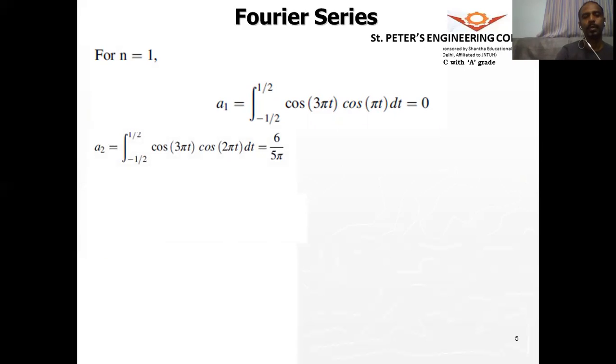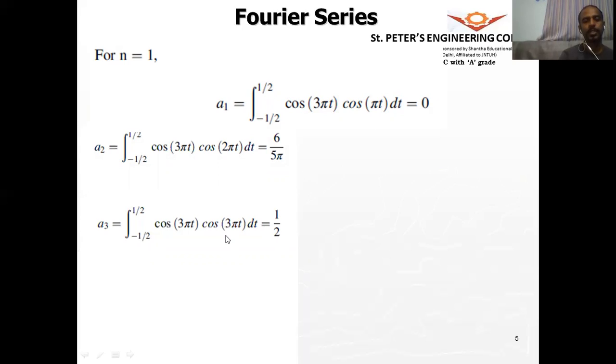For n equals 2, you get 6 by 5 pi after substituting the limits. For n equals 3, you get the value as 1 by 2.